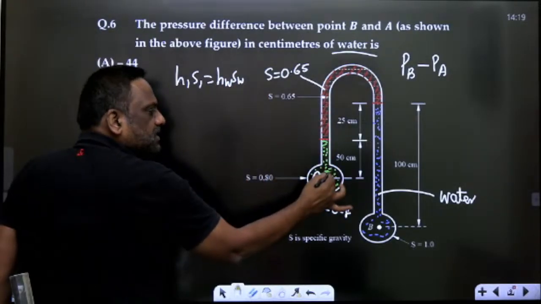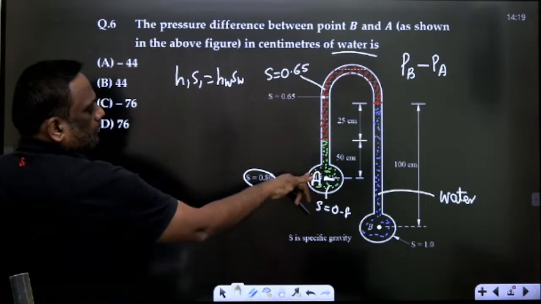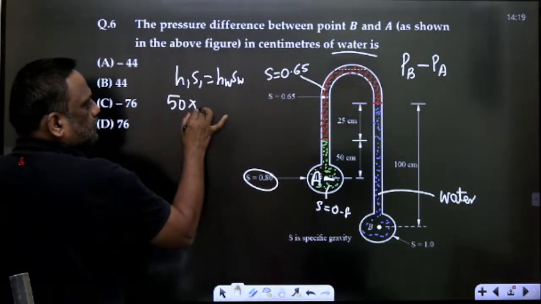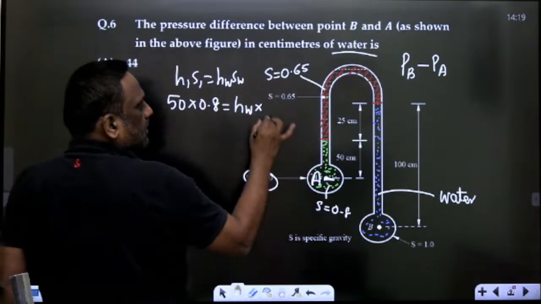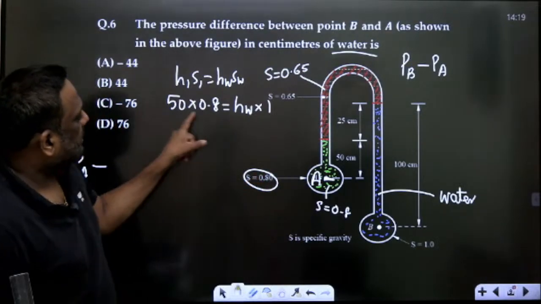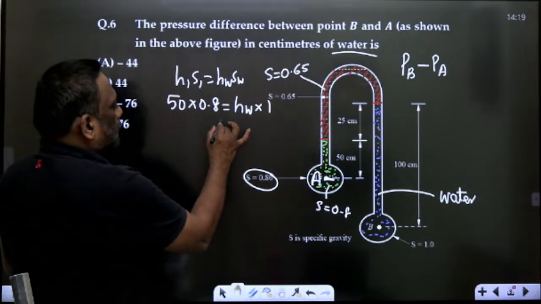You convert this 50 centimeter from 0.8 in terms of water. What is the specific gravity of water? 1. So this 50 centimeter of this fluid is equal to 40 centimeter of water.